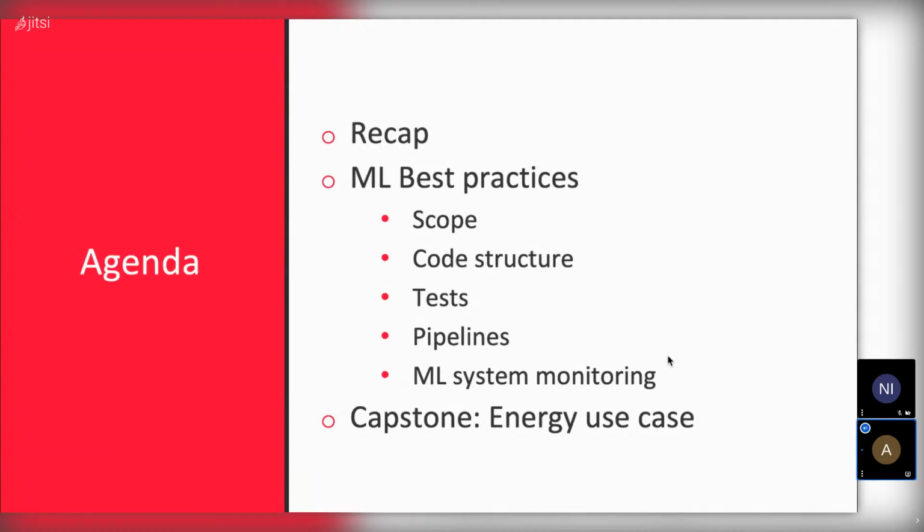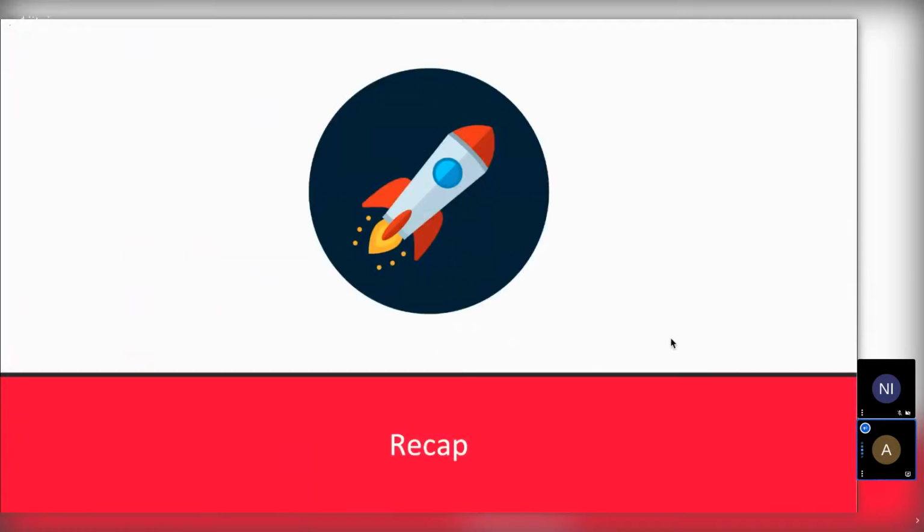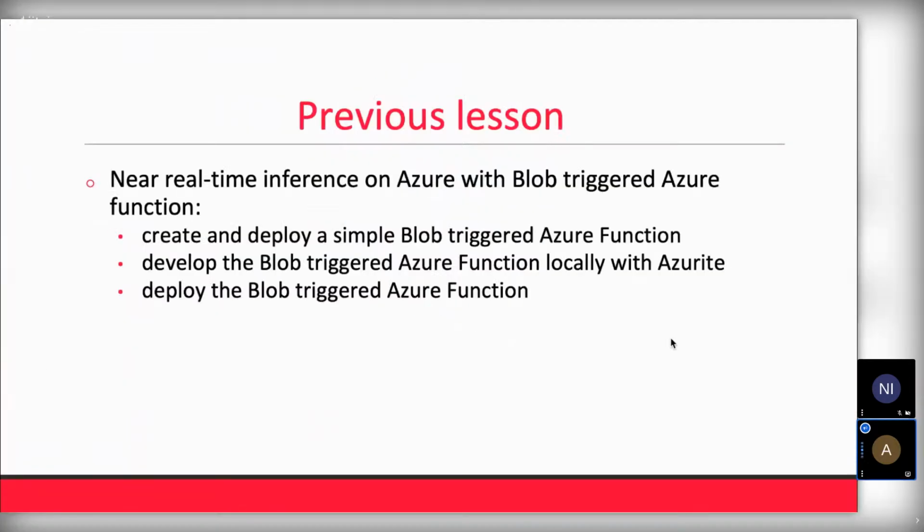Let's take a look at what we've done so far. In the previous lesson, we were working on the concept of near real-time inference in Azure, using a serverless approach with an out-of-the-box blob trigger. We started with a simple template for a blob-triggered Azure function using Python.